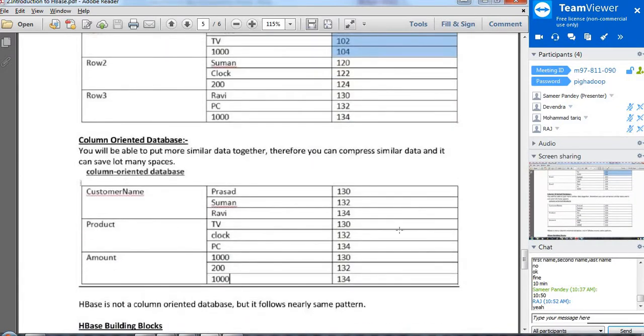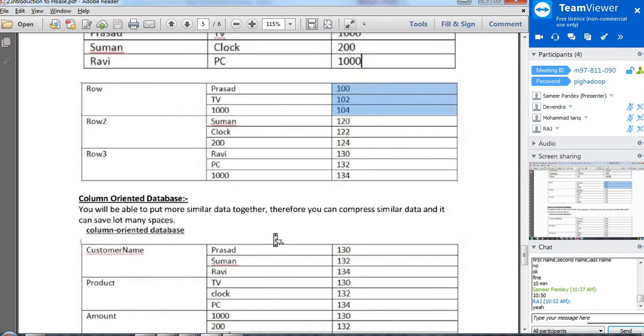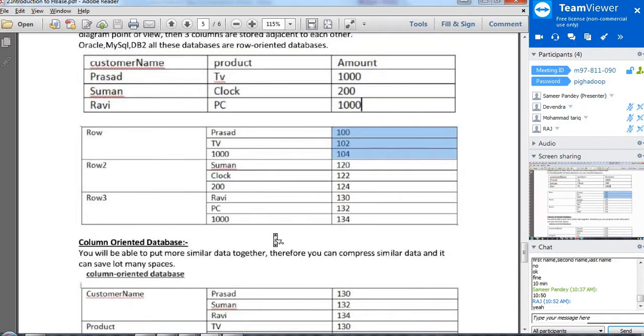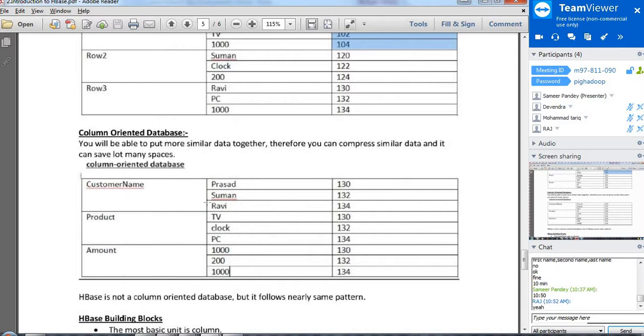And if you can notice, it is all redirecting to the same kind of memory because it belongs to the same row. So it's a kind of memory saving technique. Second, it helps in compression when you compress data.